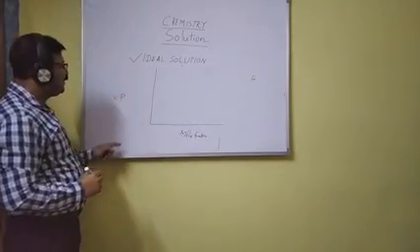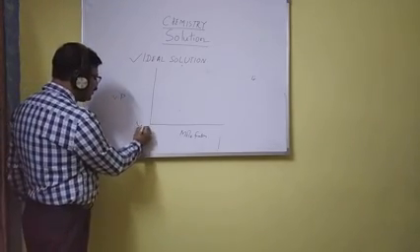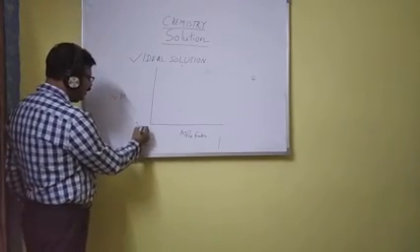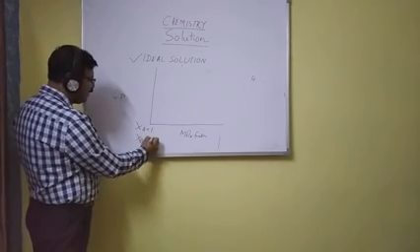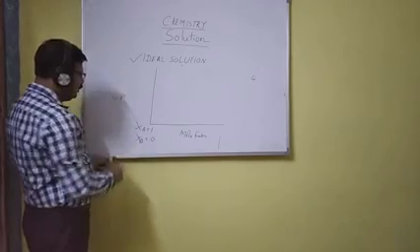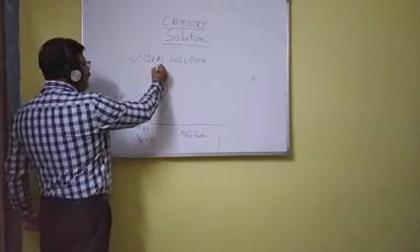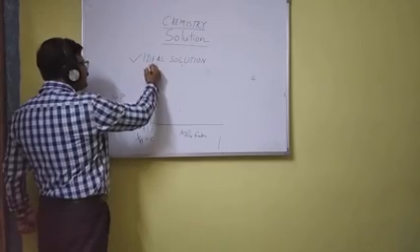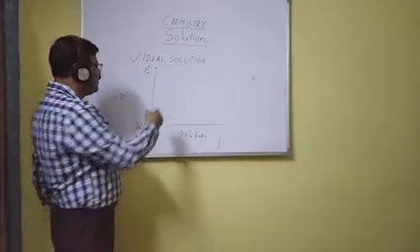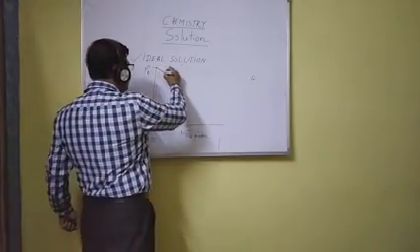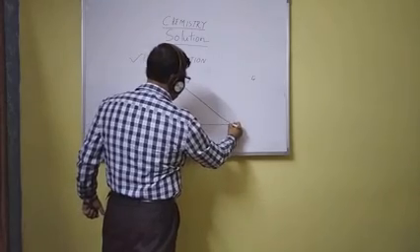So, as per the Raoult's law, I am taking first pure A component, where xA equal to 1. I have not added B, so then xB equal to 0. And the vapor pressure exhibited by the component A in the pure state is PA naught. If you add the component B, obviously vapor pressure decreases because mole fraction of component A decreases. That can be explained by this type of graph.